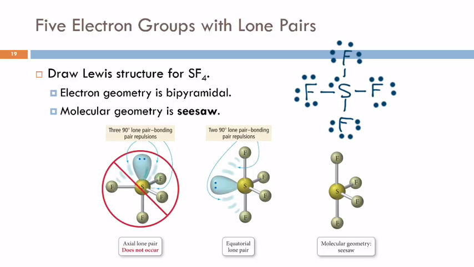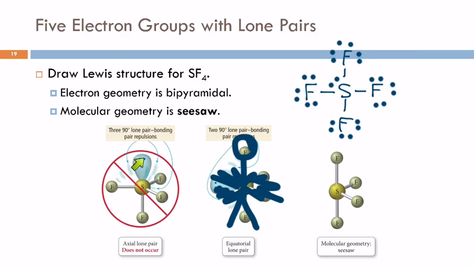I think of this, where should I stick it? So this is like a little girl, and this is her tutu. So you've got the head and the feet, and then you've got the tutu around. So there's more room on the tutu, on her skirt, her ballerina skirt. And so this lone pair is going to go where there's more space.